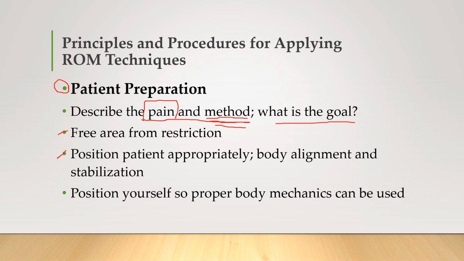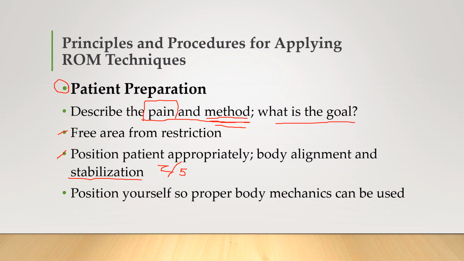If we have, let's say, a muscle grade of 2 out of 5, okay, that means that they can't move their limb against gravity to full range, and they really can't move it much at all against gravity. So maybe we have to put them in an anti-gravity position to have the best, most appropriate intervention. And we're going to talk a lot about body alignment and stabilization when we get into range of motion and stretching in the lab.